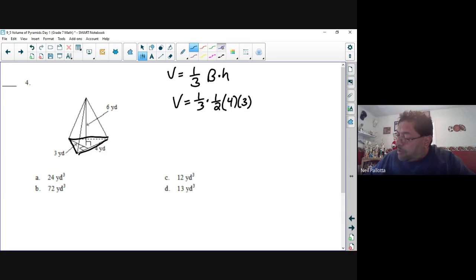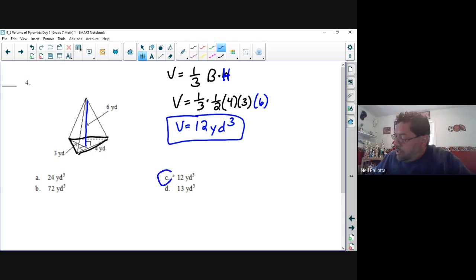And then we have to multiply by the height of the pyramid, that's going to be the 6. Right? So we multiply 1/3 times 1/2 times 4 times 3 times 6, right? And we wind up with 12, right? The volume is going to be 12 cubic yards, and that's going to be answer C, right?